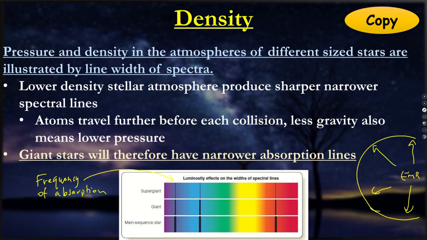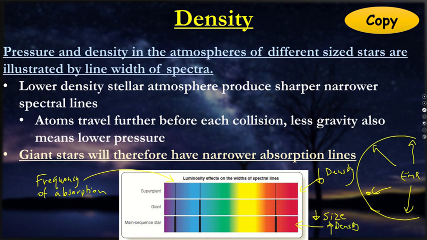If the star is really big, so it has very low density, it means the likelihood of the EMR colliding with another atom, exciting the electrons, is going to be a lot less than a main sequence star, which in terms of size is a lot smaller, but also in terms of density, it's a lot more compact together.